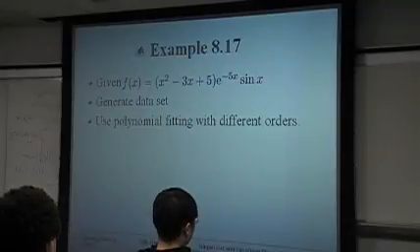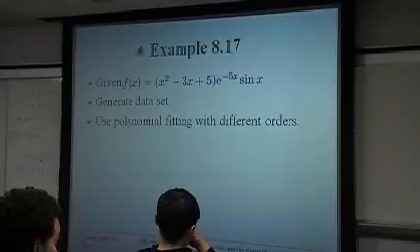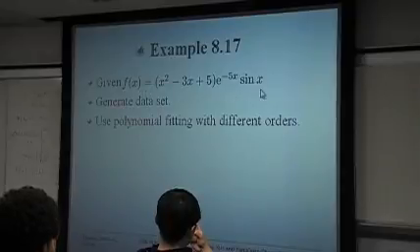And here the topic is, how can I find a finite term polynomial to fit the original function? Suppose the function is given like this, and we again can generate data from the function. And then from the data we can find a polynomial to fit that.